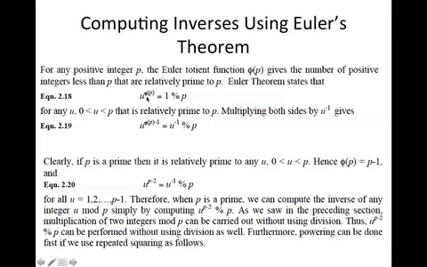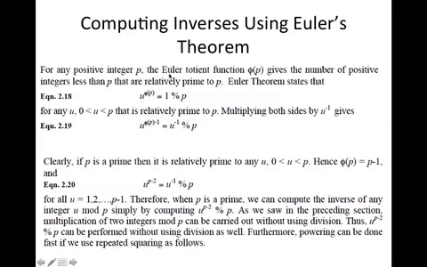The proof of it is not that straightforward, but there is a proof. If you power this by what's called the totient function of p, which is the number of numbers that are relatively prime to p, and p doesn't have to be a prime for this to hold, then it's congruent to 1 mod p.